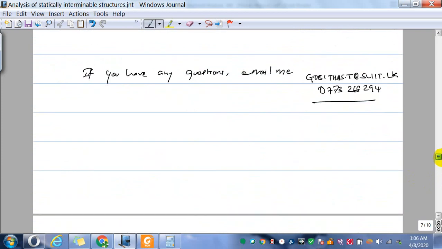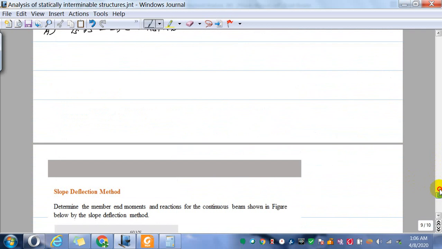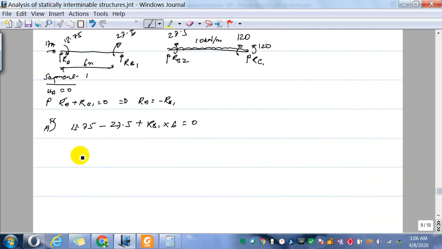So now we can find RB1 is equal to 27.5 minus 13.75, that is 13.75 divided by 6, 2.29.